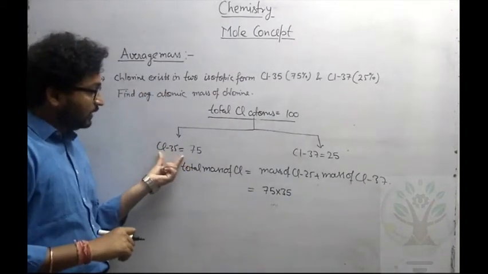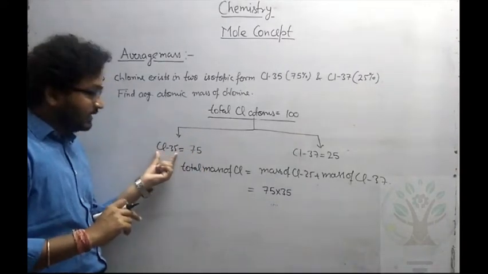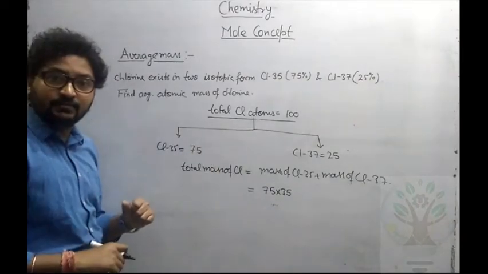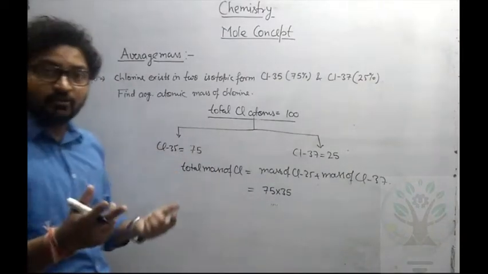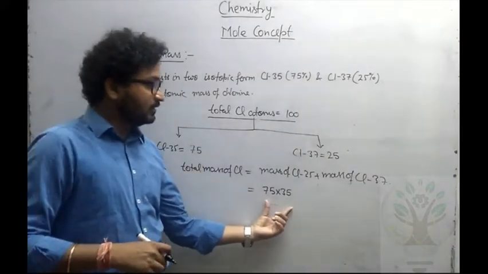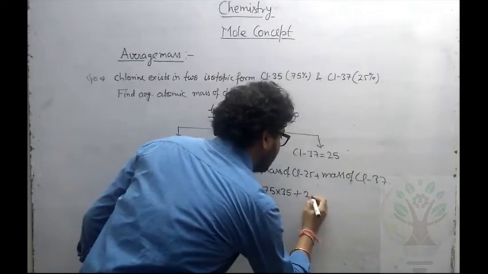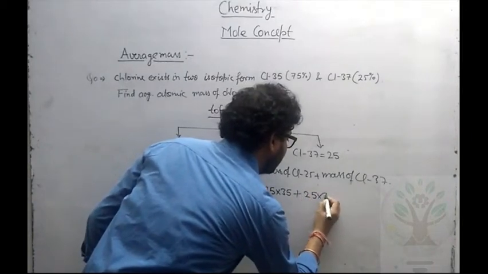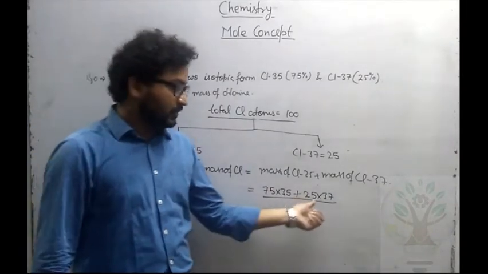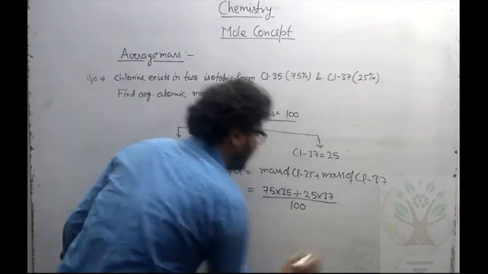We have a total number of chlorine 35 atoms equal to 75. It means the chlorine atom which has mass 35, we have 75 such atoms. So the total mass of chlorine 35 is 75 multiplied by 35, plus 25 into 37.